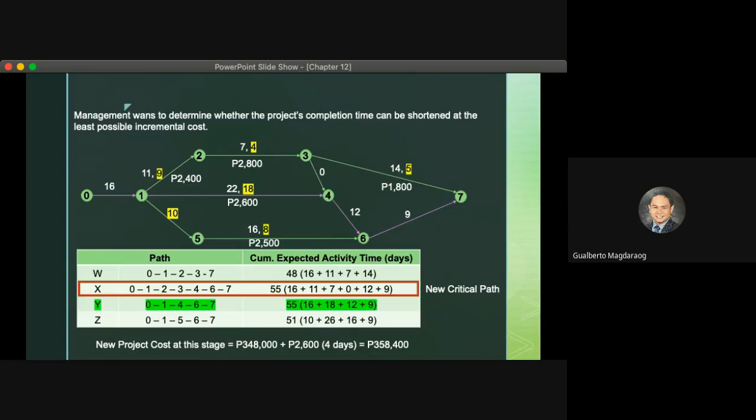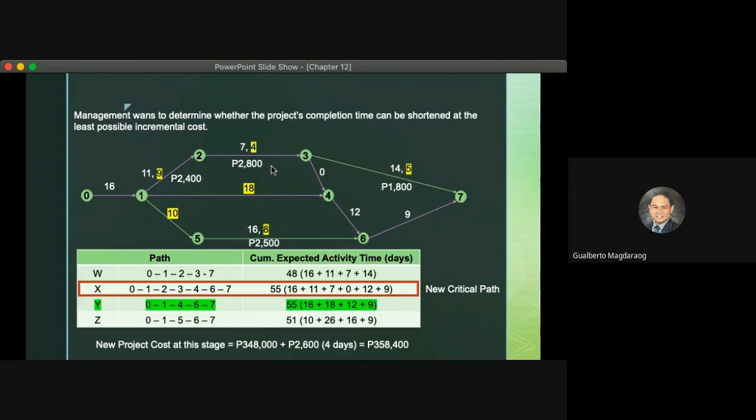Now, although there are activities that can be crushed within that path, crushing any of these events will reduce path X, or path 0 to 1, 1 to 2, 2 to 3, 3 to 4, 4 to 6, and 6 to 7, but will not reduce path 0 to 1, 1 to 4, 4 to 6, and 6 to 7.